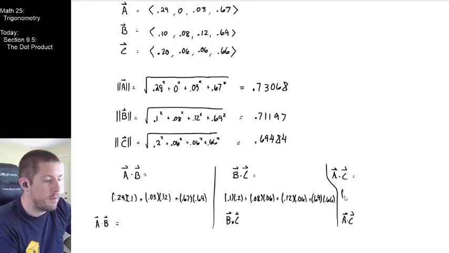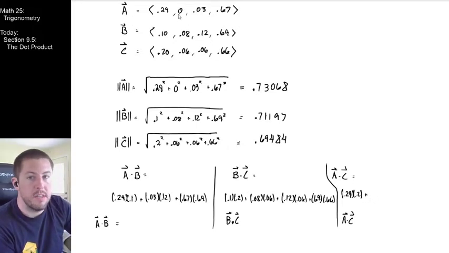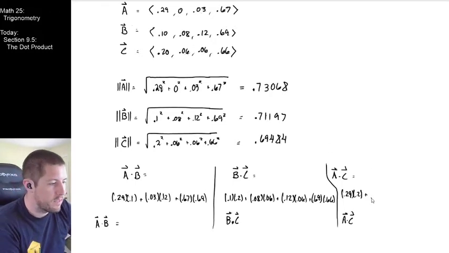A with C, I'm going to get a 0.29 and a 0.2. I'm going to skip the 0, and again, we've got a 0 times 0.06 that I'm going to skip. Next up is 0.03 times 0.06, and then a 0.67 times a 0.66.